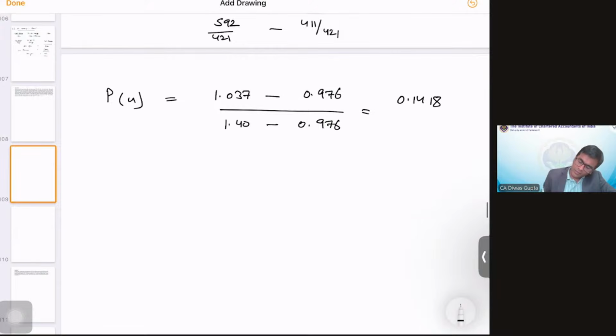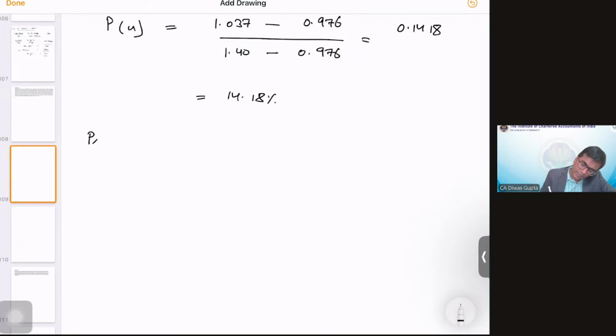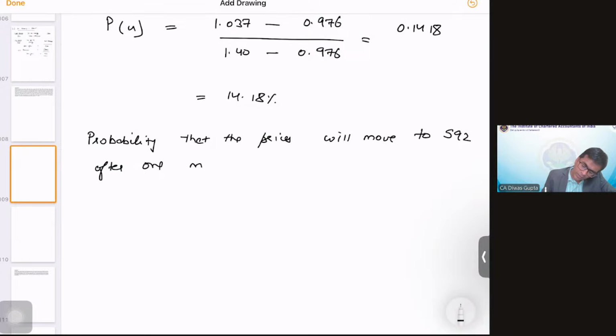Or can we say 14.18 percentage? Yes. Now the probability that the prices will move to 592 after 1 month is 14.18 percentage.